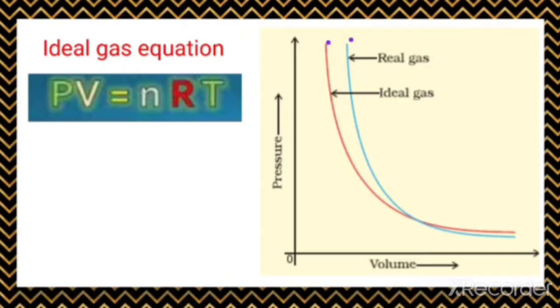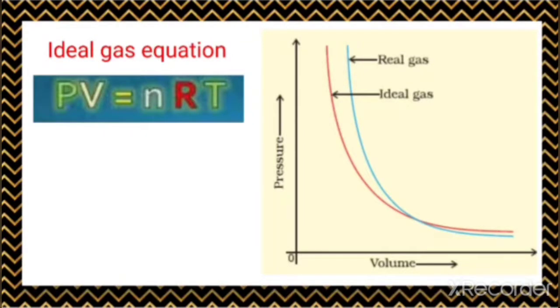In this figure, it is apparent that at very high pressure, the measured volume is more than the calculated volume. And at low pressure, the measured and calculated volumes approach each other.